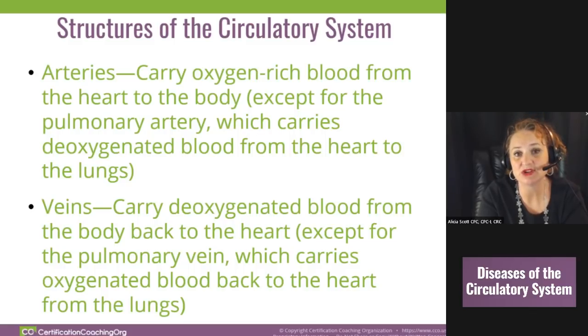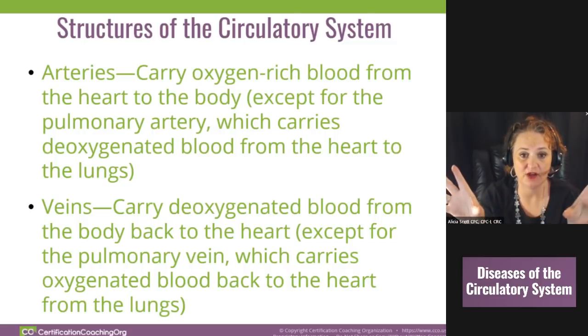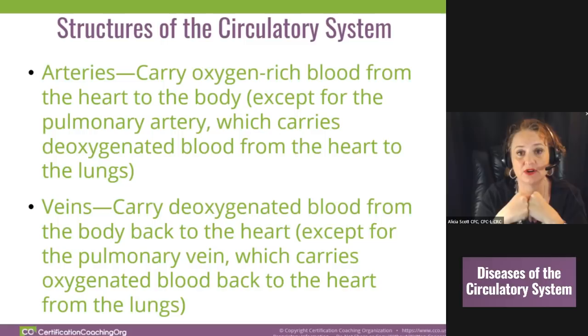Of course, if we talk about arteries, that is the lumen, the tubular pathway of carrying oxygenated blood to the rest of the body from the heart. So the lungs oxygenate the blood, it goes through the heart, and then it is distributed out through the body, and the deoxygenated blood comes back to the lungs and the heart via veins.